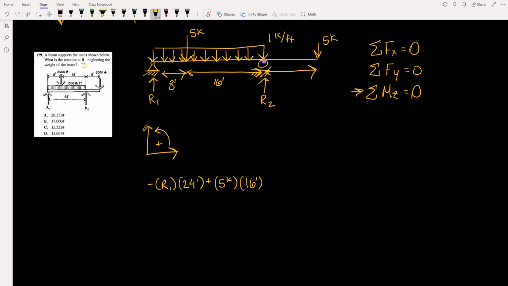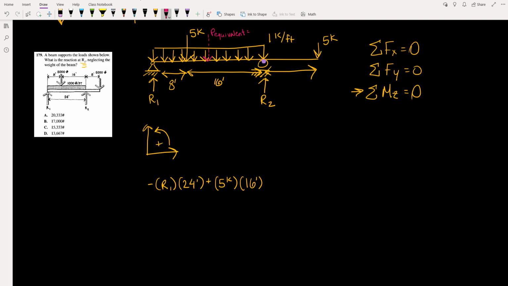Next we have this distributed load, and first and foremost we have to come up with the equivalent point load. And of course it's important to keep in mind that this equivalent point load is not going to replace the distributed load when we start to look at the shear and moment diagrams later on. But it helps us to evaluate reactions.